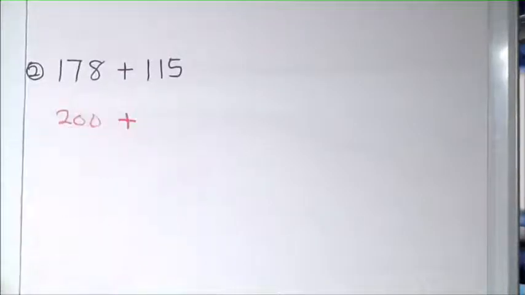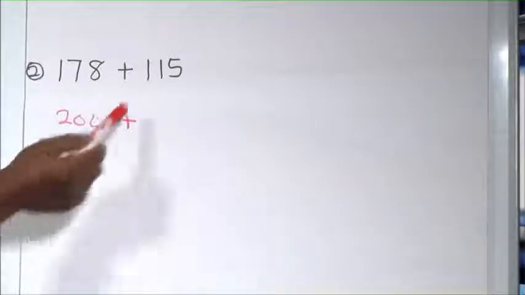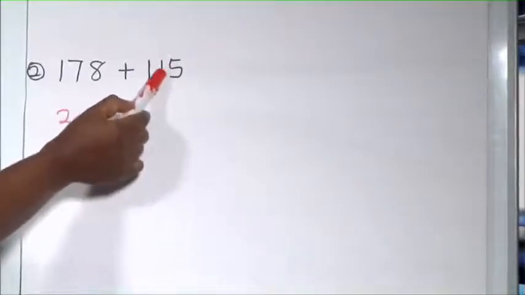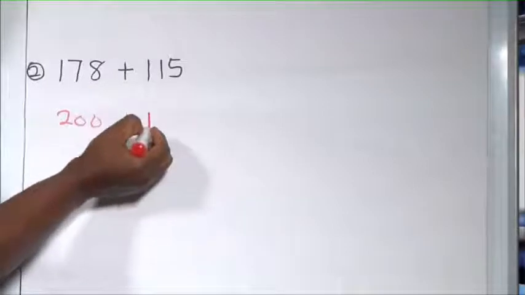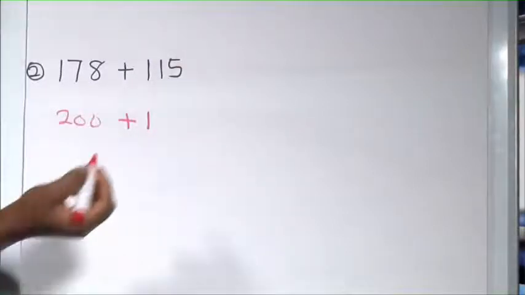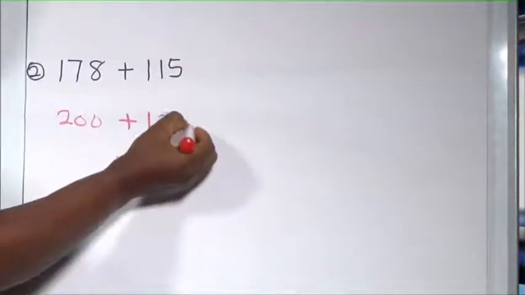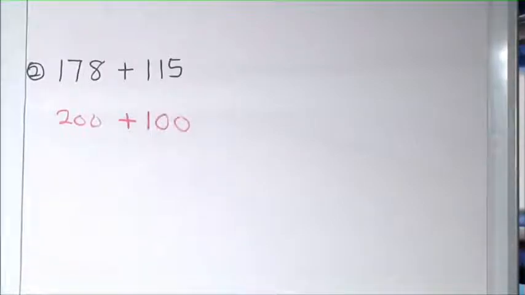Plus, we have 115 to the nearest 100. Go right to the next door. What is there? 1. 1 is less than 5. So we will let the number rest. I have the 1 here, and then assume the rest to be zeros. So I have my 2 zeros over here.